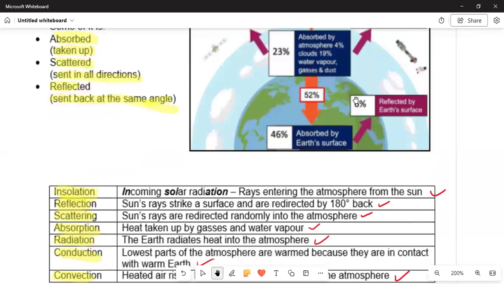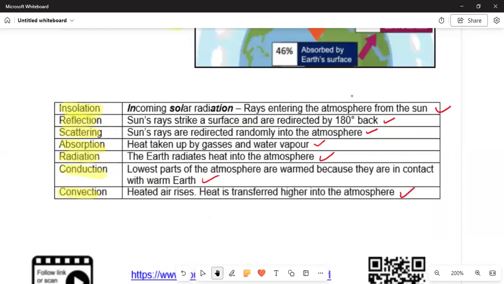Right. And then if we are moving on again, we've got to understand the word insolation in this instance. We are saying that these are incoming solar radiation rays entering the atmosphere from the sun. Number two, the sun's rays strike a surface and are redirected by 180 degrees back, directed randomly into the atmosphere. The other one, absorption, which is the heat is taken up by the gases and water vapor.